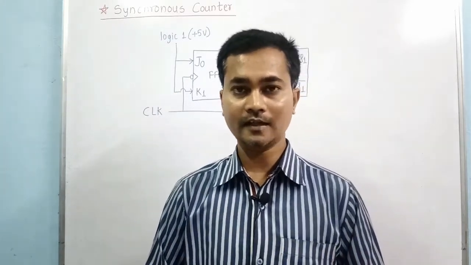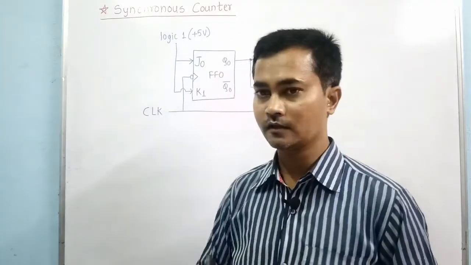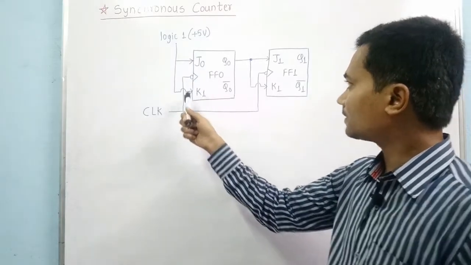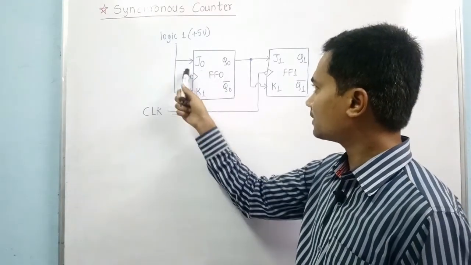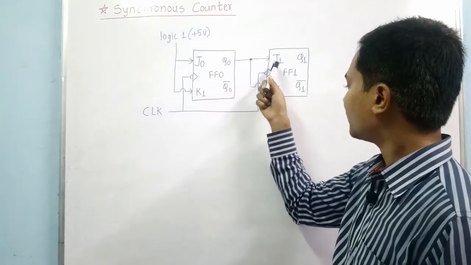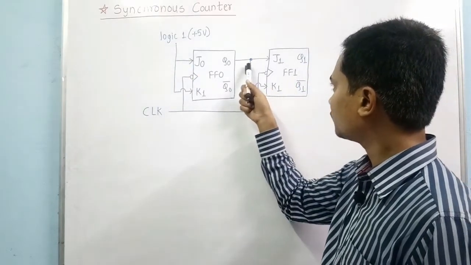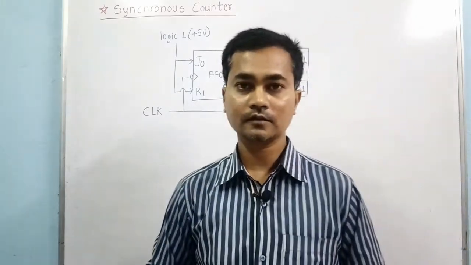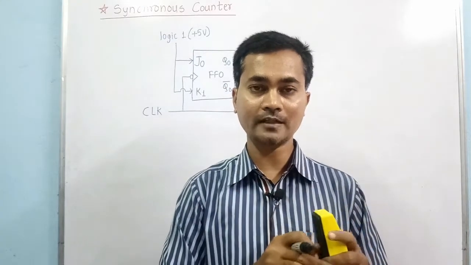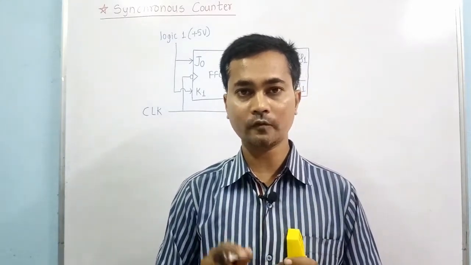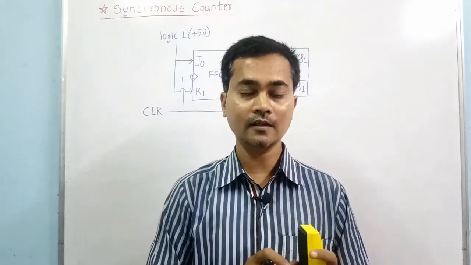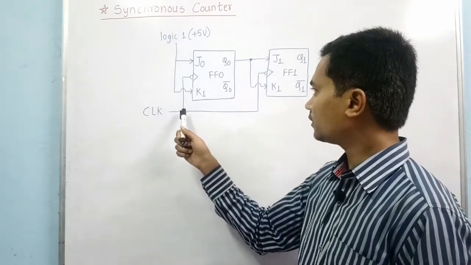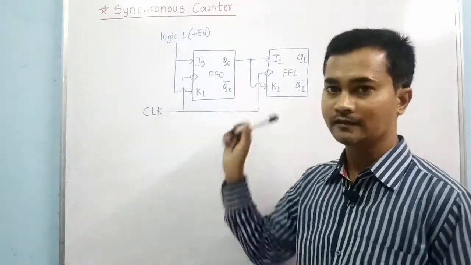In the synchronous counter, only the first flip-flop's JK inputs are tied to 1, and the other flip-flops' JK inputs are tied to the previous flip-flop's output. In the asynchronous counter the clock was provided only to the first flip-flop, but here the clock is provided to each and every flip-flop simultaneously.